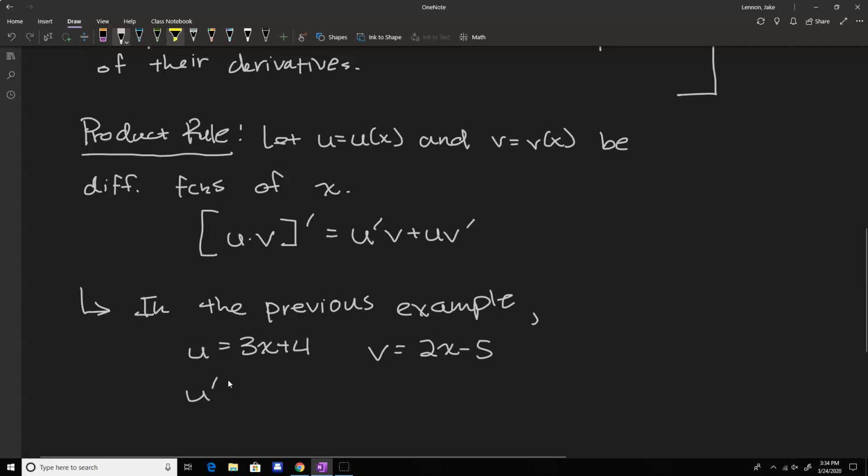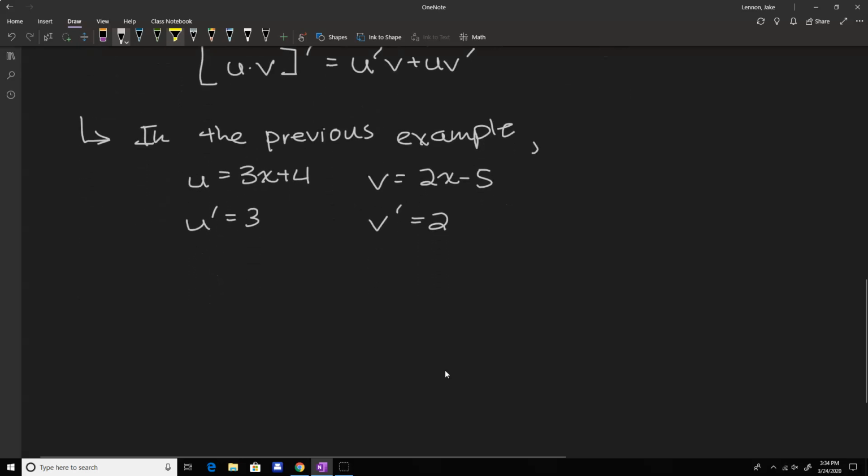So u prime is 3, and v prime is 2. So what the product rule says is essentially that we want to multiply diagonally and then add to get our derivative function. And anytime we have more than one term, we want to be sure to put that in parentheses.